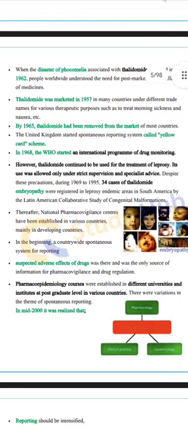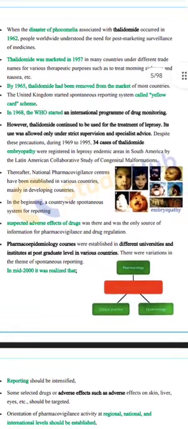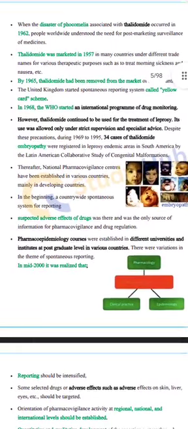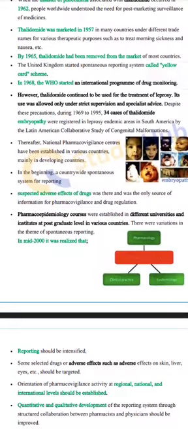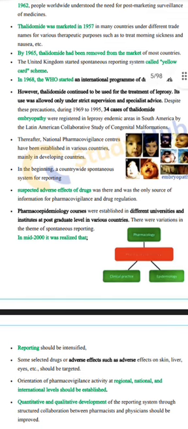Thereafter, national pharmacovigilance centers were established in various countries, mainly developing countries. In the beginning, a countrywide spontaneous system of reporting suspected adverse drug reactions was the only source of information for pharmacovigilance. Then pharmacoepidemiology courses were included in different universities and institutes at postgraduate level in various countries.